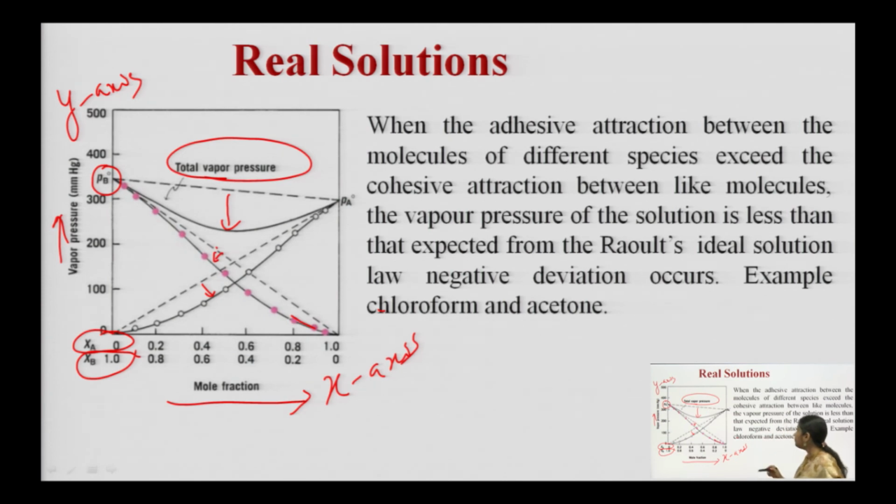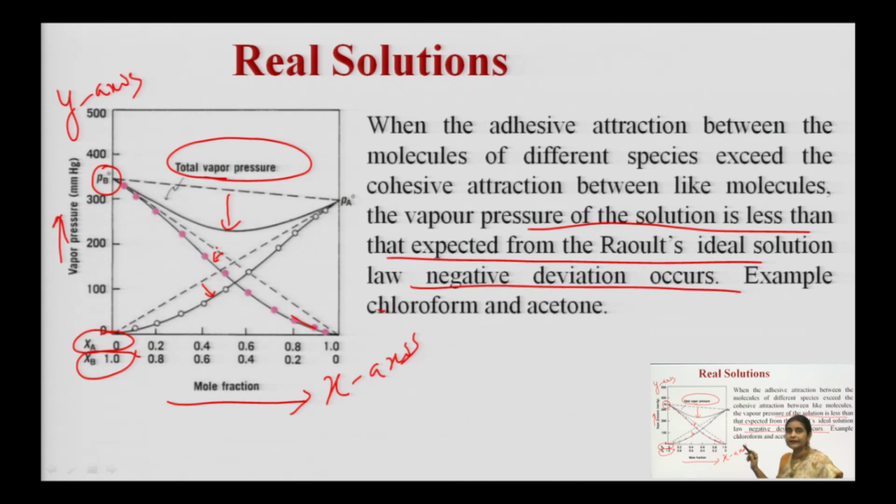So, when the vapor pressure of the solution is less than that expected from Raoult's ideal solution, we say that negative deviation occurs.